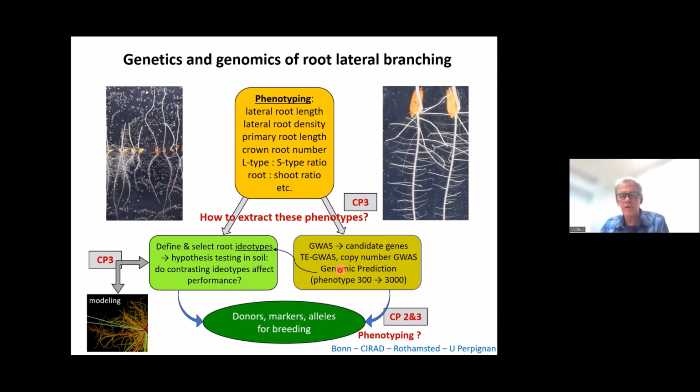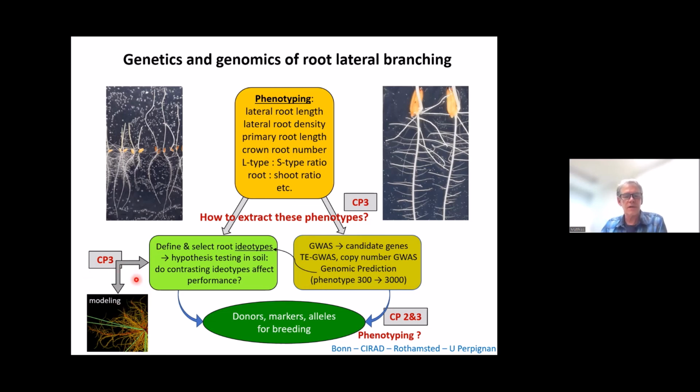Again, to do genomic prediction to predict even more extreme phenotypes among the gene bank accessions, to predict ideotypes, for example. And if we can define and select ideotypes based on this data, we can do hypothesis testing in soil. Do these contrasting ideotypes really affect performance as we have predicted them from our model or not? And this would allow interaction with modeling groups and so forth.